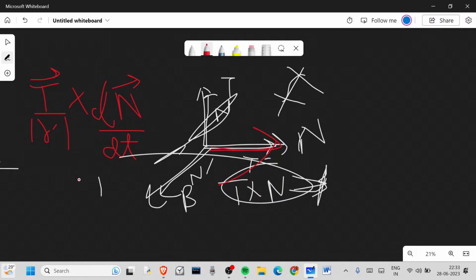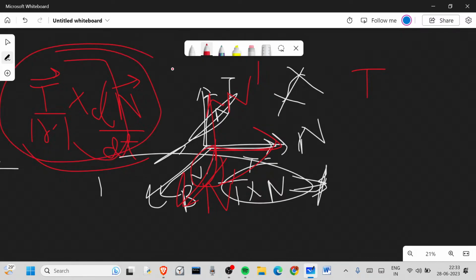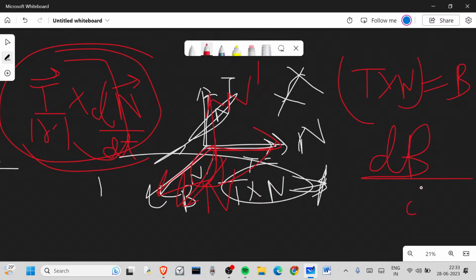I'm still trying to think about why it's going wrong, because I am still being intuitive. I'm thinking that n dash should be perpendicular to this, but I think it would be here, or else this equation wouldn't make any sense. Let's try to think: if this is b, taking the derivative with respect to t, let's say dB by dt. Yes, it seems to be.